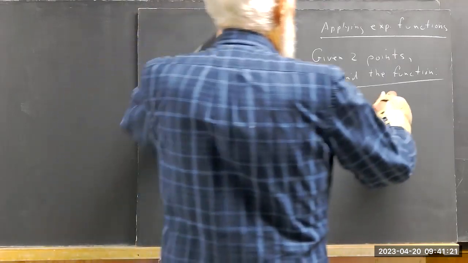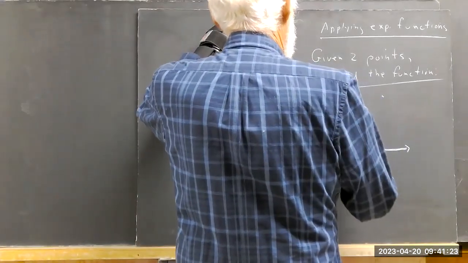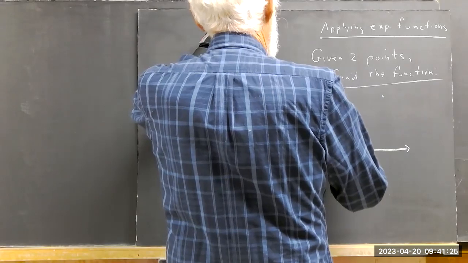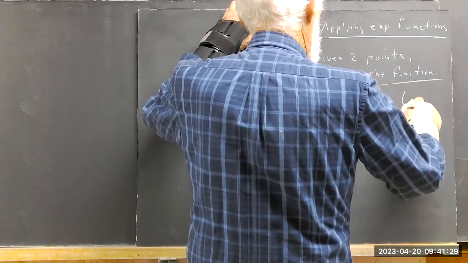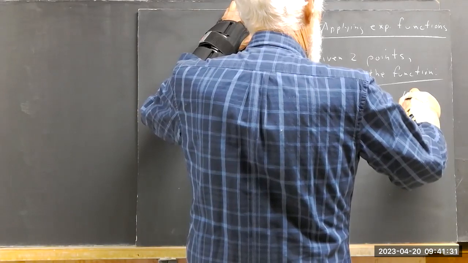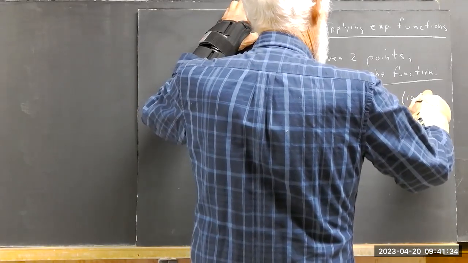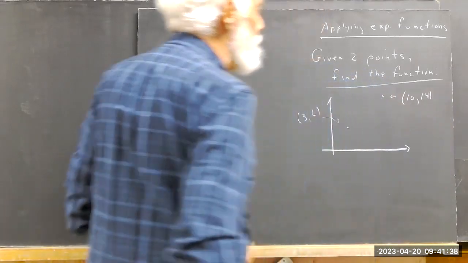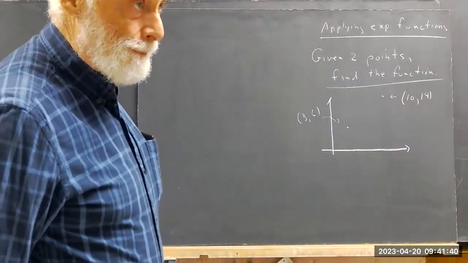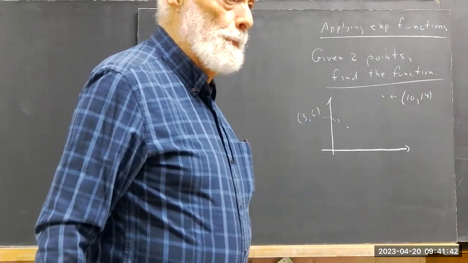Coordinates of the points. Now, if the coordinates are, let's say, 3, 6, and 10, 14. Okay, whatever the coordinates are.